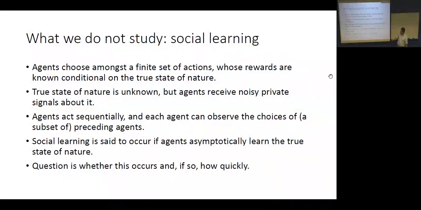So, the model here is that, again, agents choose from a finite set of arms or actions, but the rewards are now conditional on some true state of nature. And so it's a bit like contextual bandits in some sense. This was a model proposed for stock traders, so people were interested in, is there herding in stock markets?